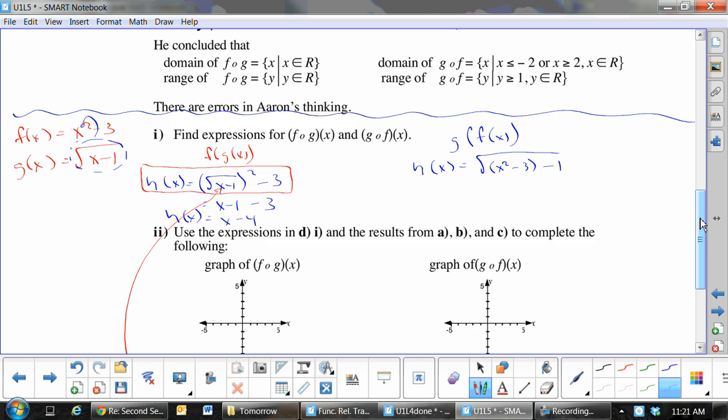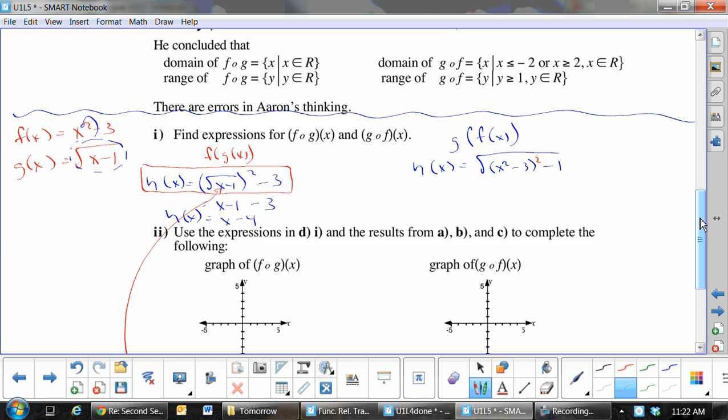Now, can I just drop those brackets? Yeah, I can. Why can I? Because sometimes you can, sometimes you can't. Why can I just drop those brackets? True. No coefficient, because if there was, I'd have to multiply it in first. And there's no exponent. If there was a squared here, I'm not dropping the bracket.